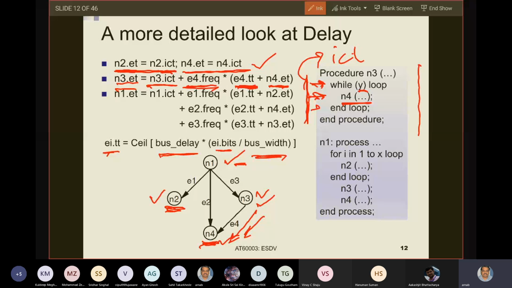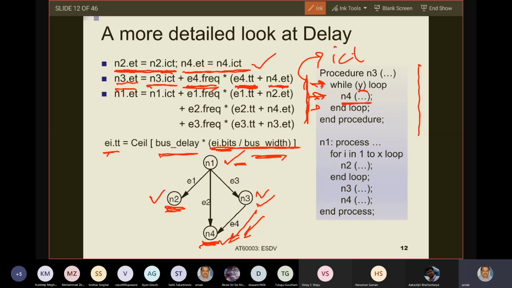Bus width tells me how many bits in parallel I can send. So the number of transmissions I require to move one chunk of data from n3 to n4 is ei.bits divided by bus width.